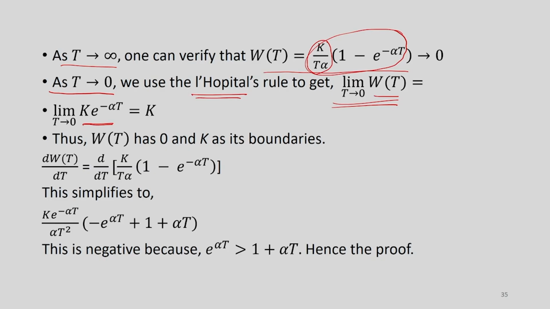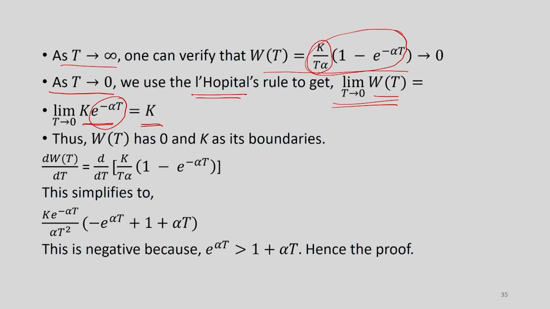Now, we can take the limit, and as t goes to 0, this term becomes 1, because e to the power 0 is 1. So, the value of the function approaches capital K as t goes to 0.